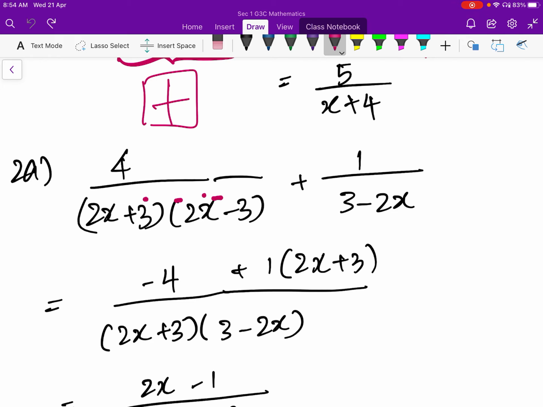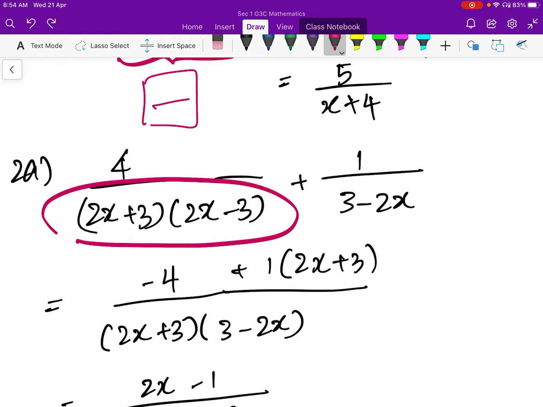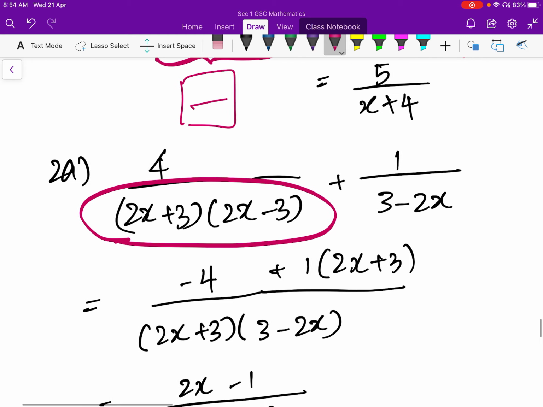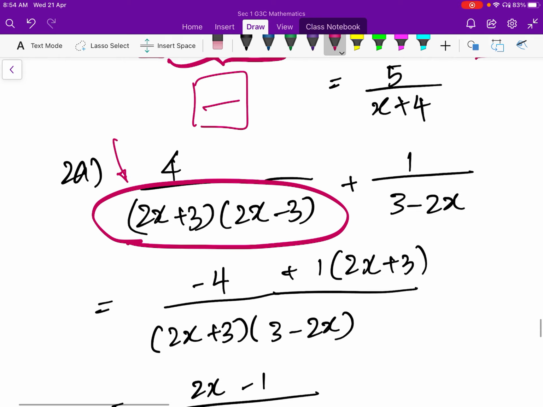Because we actually have 4x squared minus 9 to be 2x plus 3, 2x minus 3. It is now factorized to this form, which came from your 4x squared minus 9. This is the rewritten form of the original denominator.